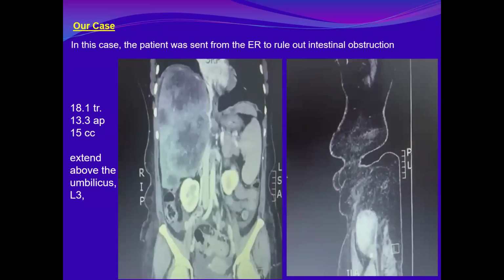Though CT is not an optimum modality for O-RADS classification, with these features it corresponds to MRI O-RADS 5. It is a very high risk for malignancy, so this is a classic malignant large ovarian mass.